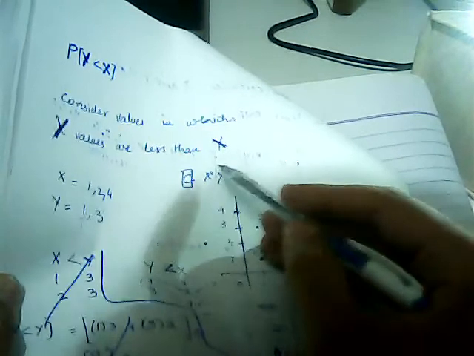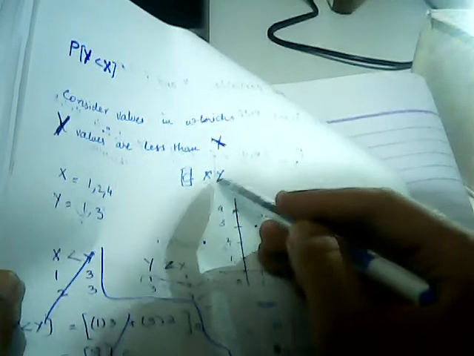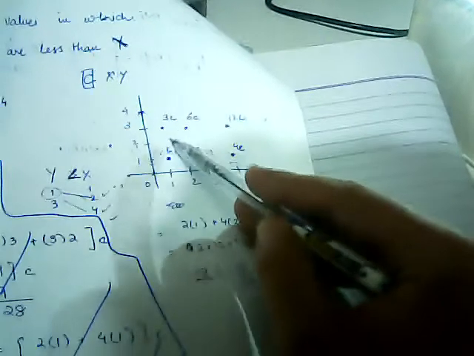Putting 1 and 1 into the equation, what do you get? C. So the first point is 1 and 1 and its value, putting it in the function, is c.